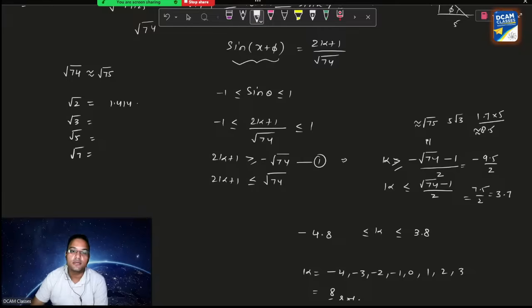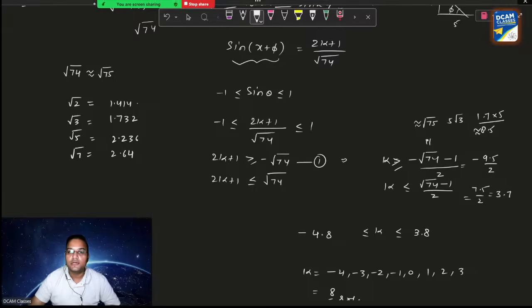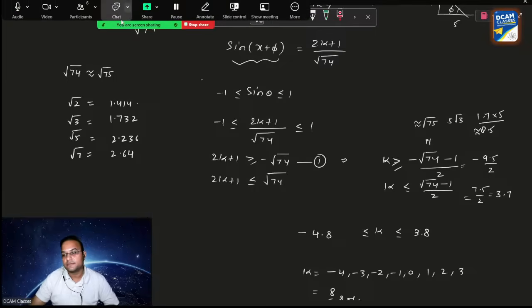Root 3 is 1.732. Root 5 is 2.236. And root 7 is 2.64. If you remember these values, you will be able to do any kind of calculation.